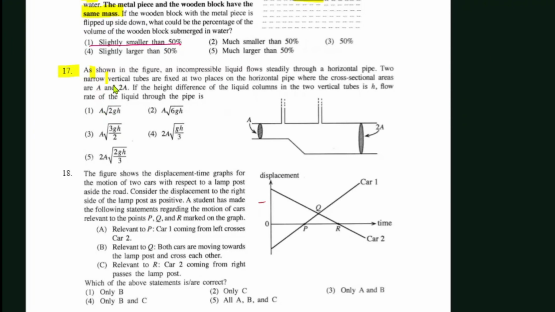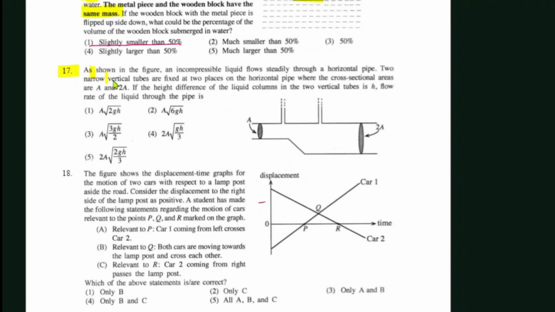So here, this is actually a Bernoulli question, right? So in this, of course, what it says is, as shown in the figure, an incompressible liquid flows steadily through a horizontal pipe, right? So what flows through is an incompressible steady flow.